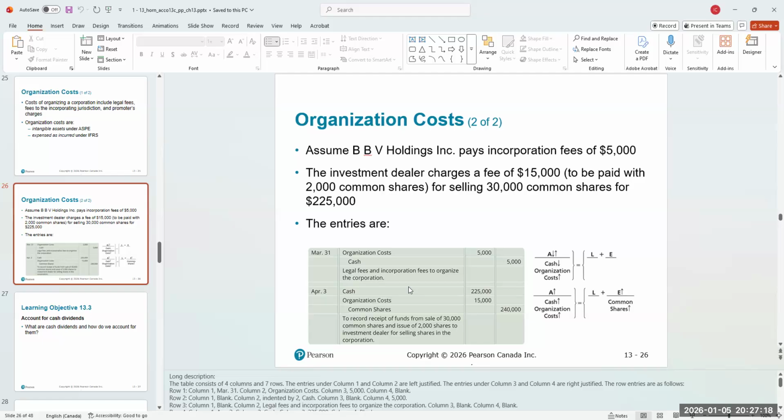They're going to pay the incorporation fee of $5,000 cash, which is going to be capitalized. Then the $15,000 that they're paying the investment dealer is part of the organizational cost, which is also going to be capitalized. So now I have $20,000 sitting in organizational cost, I have common shares of $240,000, and I have $225,000 cash.